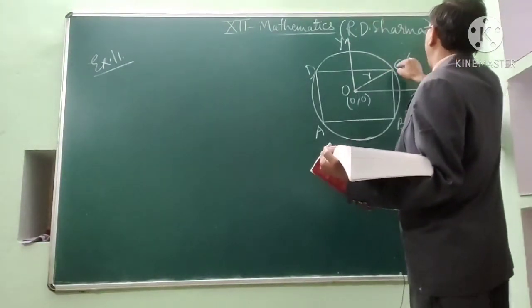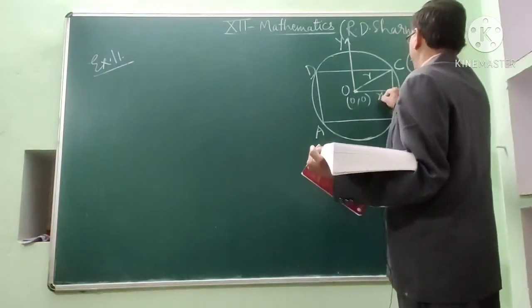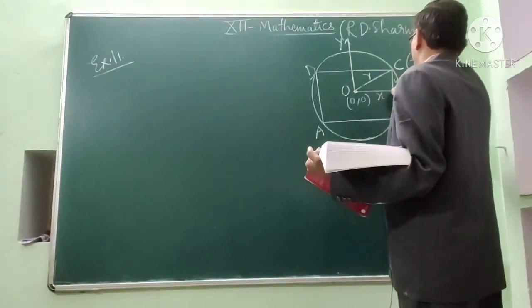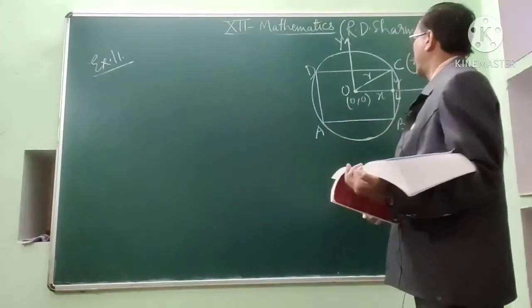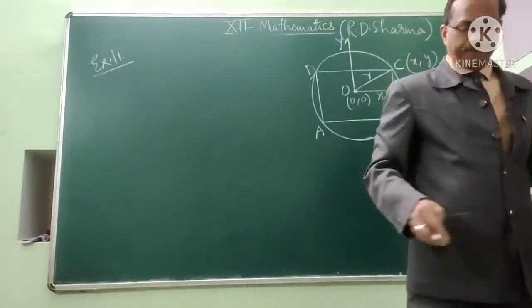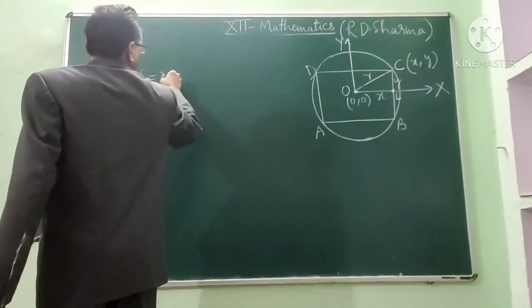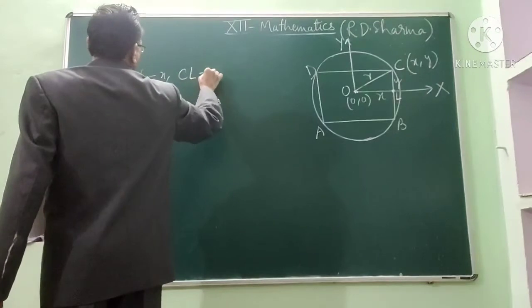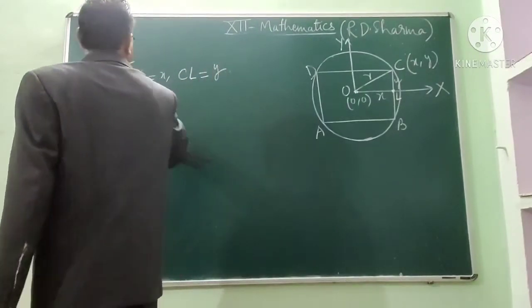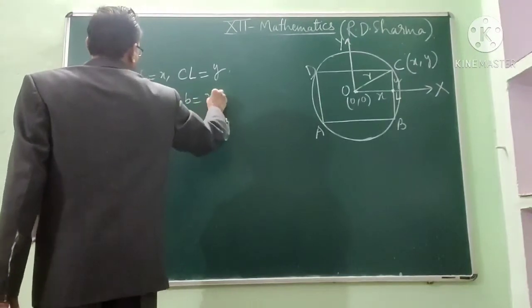Let the coordinate of this point C be (x, y). So it is x, that is y. Let this point be L. So here OL equals x and CL equals y. The length of the rectangle is 2x and the breadth is 2y.